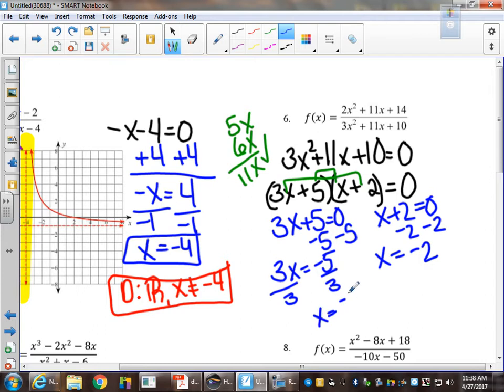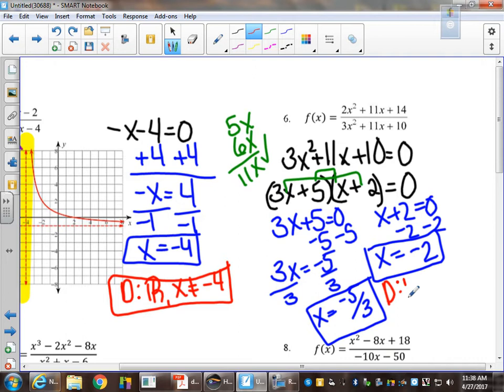X equals negative 5/3. Our domain is then all real numbers. X cannot equal negative 2 or negative 5/3. We're done.